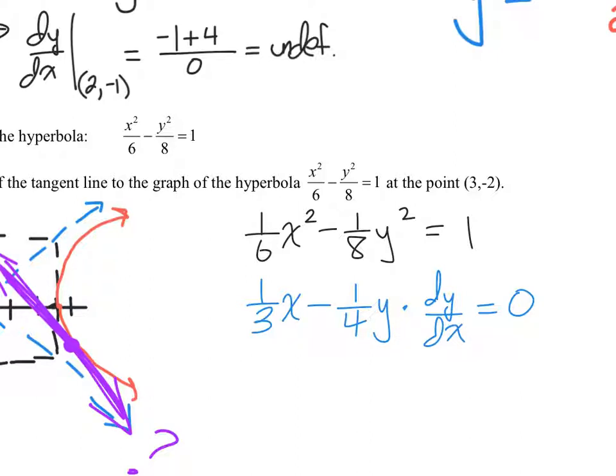Now we need to find the slope of the tangent line. We have a coordinate 3, -2. We can plug that in right away, or we could solve for dy/dx in terms of x and y and then plug it in. I think it's going to make our lives a little easier if we plug it in right away.